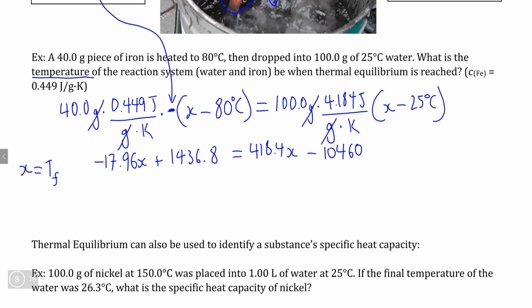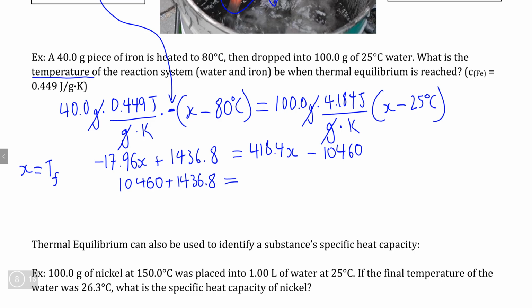So again, when we want to move this over, we're going to add 10,460 to both sides, plus 10,460 plus 36.8, and when we add 10,460 to this side, it cancels out.